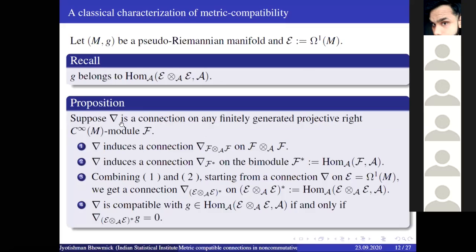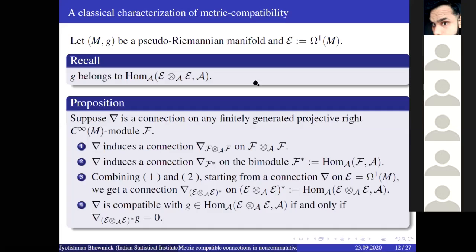Suppose I start with a connection nabla on this vector bundle F. Then it can be easily checked that from nabla I can canonically induce a connection on F tensor F, which I will denote by nabla F tensor F. Also, if you have a connection on the vector bundle F, then you can define a connection on the dual bundle. Call this nabla F star.